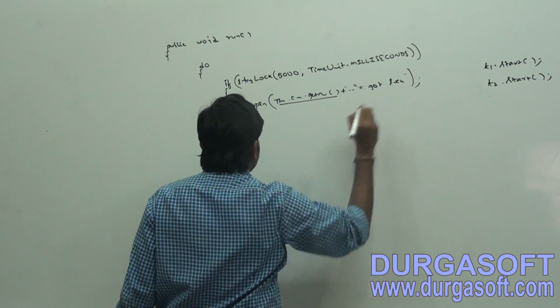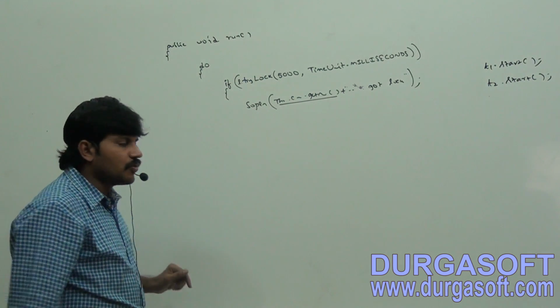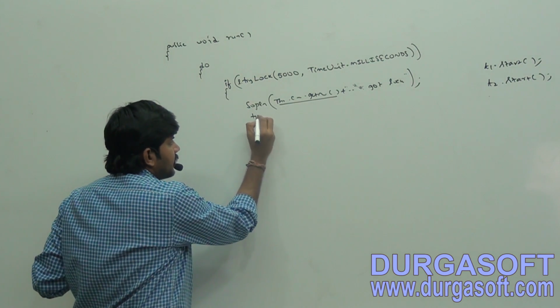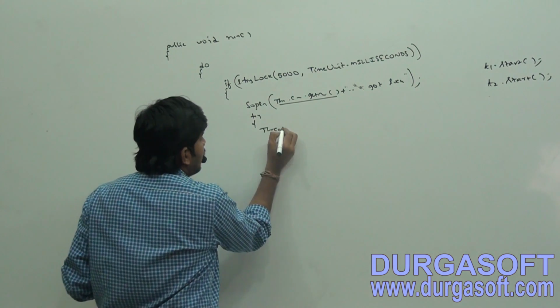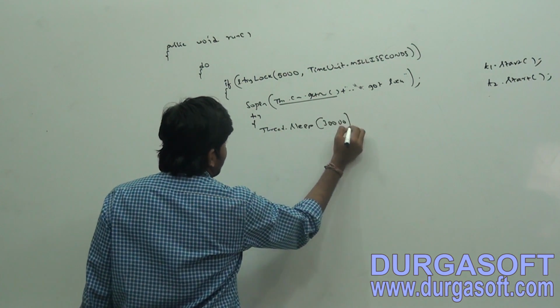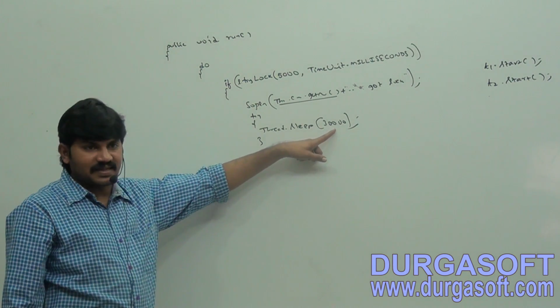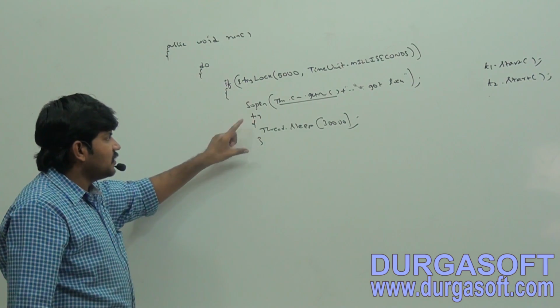After getting the lock, what is this thread going to do? Try Thread.sleep of 30,000 milliseconds, 30 seconds. This thread is sleeping.